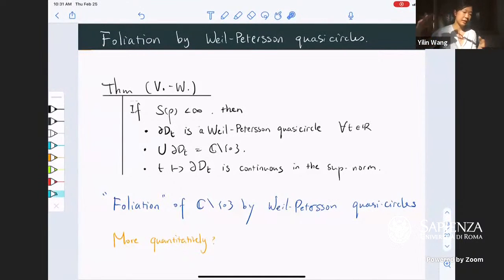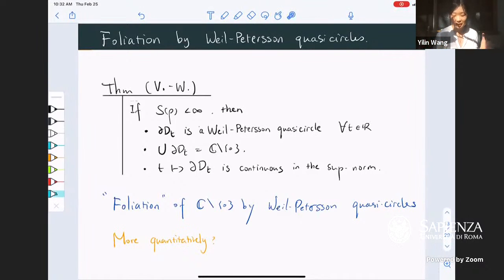The second thing is that the union of D_t is the whole plane minus the target point. And moreover, it moves in a continuous manner. This is what we call the foliation by Weil-Petersson quasicircles.